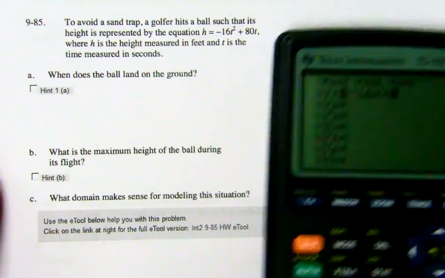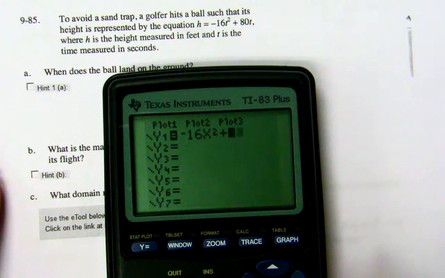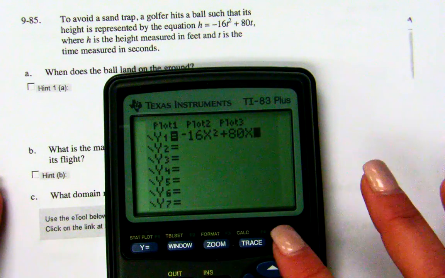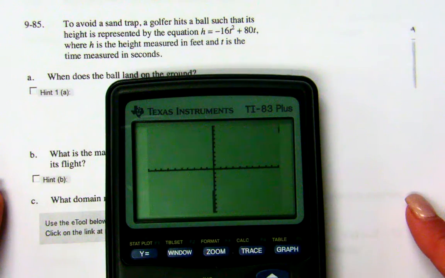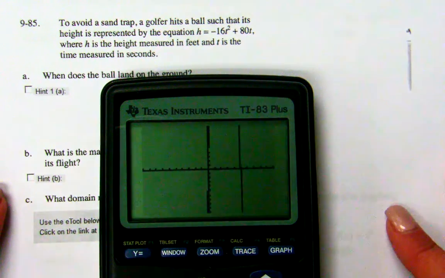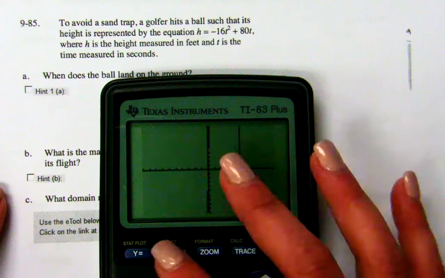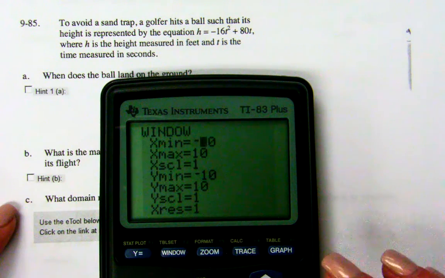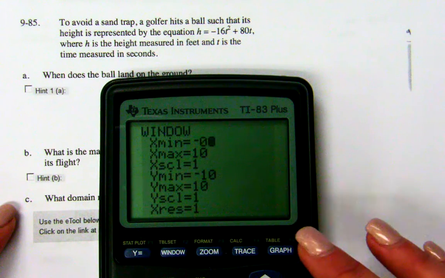So negative 16t squared plus 80t, right? Where's t, or x, actually, I should say. And when we graph this, whoa, okay, well, that's not very helpful. So we might need to change our window. So let's change our window to, I don't know, we'll just leave it at 0.